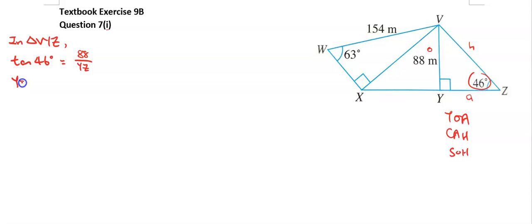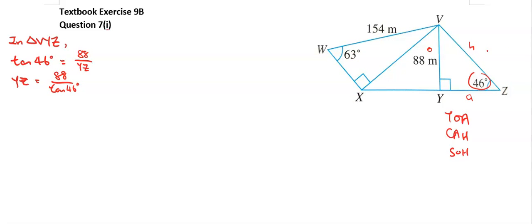So YZ, we can express as 88 over tangent 46 degrees. There's no need for us to get the exact value first, because the objective is to find the perimeter. So this YZ is one of the sides that we have to find.